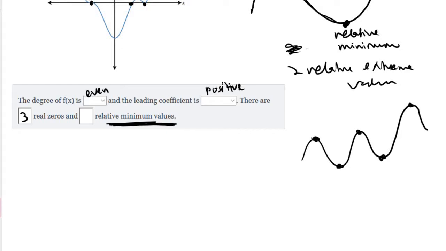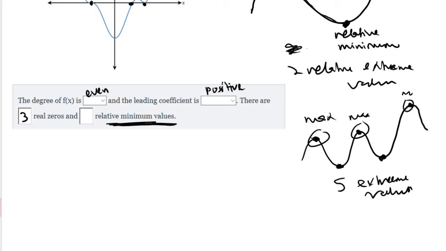Those are relative minimums. Altogether, there are five extreme values. Three of them are maximum, and two of them are minimum. I hope this helps because we didn't get a chance to talk a whole lot about this in class, but it's okay now. I hope you get it.